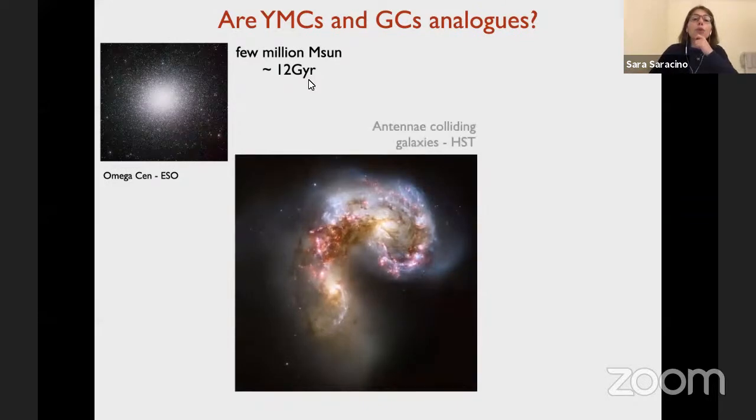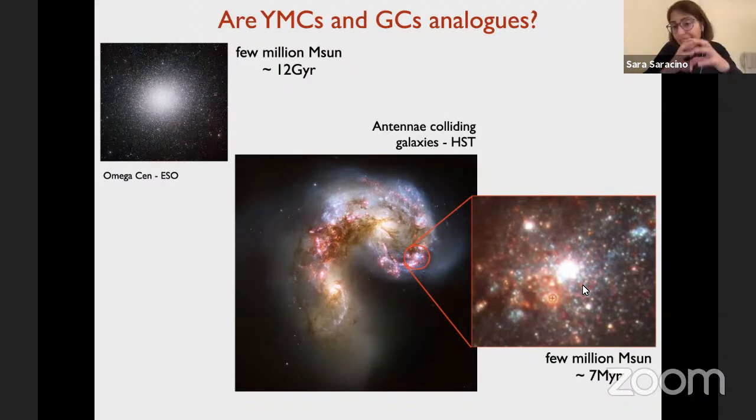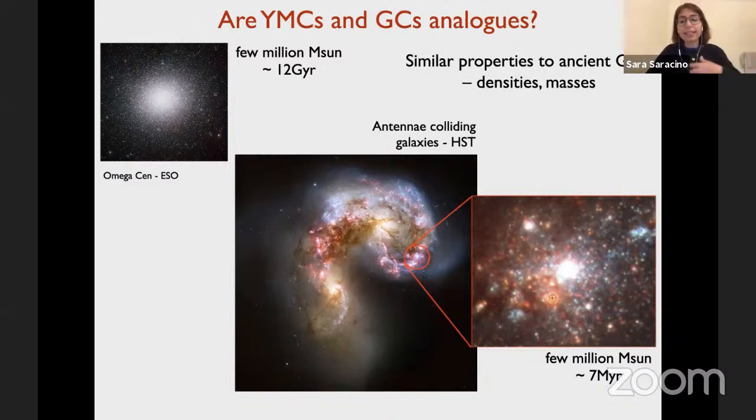If you go, for example, to the Antennae galaxies, this is an image from HST, and you zoom into this region, you start to see some objects like this one. These are very dense and very compact, but they are only 7 mega year old. So what you see here is that in terms of masses and sizes, both globular clusters and young massive clusters share similar properties, so we can say that these are the same manifestation of these kinds of objects.